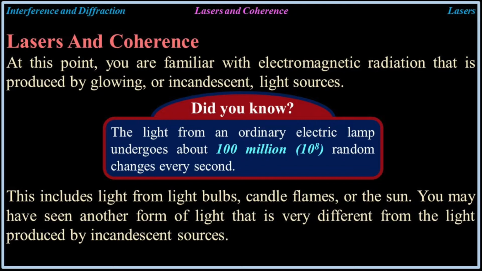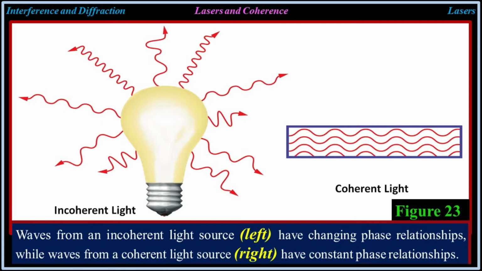Lasers and coherence. At this point, you are familiar with electromagnetic radiation that is produced by glowing or incandescent light sources. Did you know the light from an ordinary electric lamp undergoes about 100 million, or 10 to the 8th, random changes every second? This includes light from light bulbs, candle flames, or the sun. You may have seen another form of light that is very different from the light produced by incandescent sources.